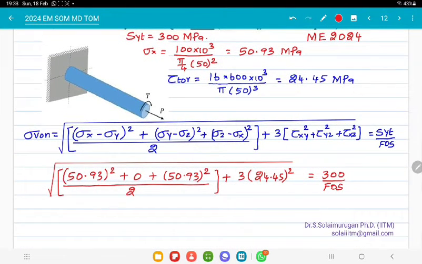So the square root term is 66.236 equal to 300 by FOS. Factor of safety is equal to 4.53.